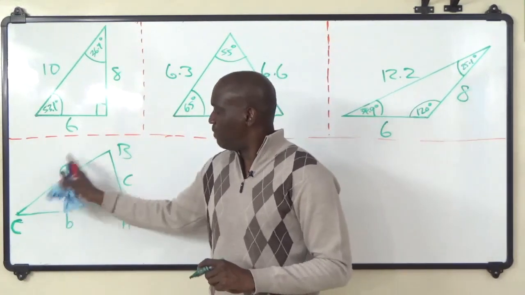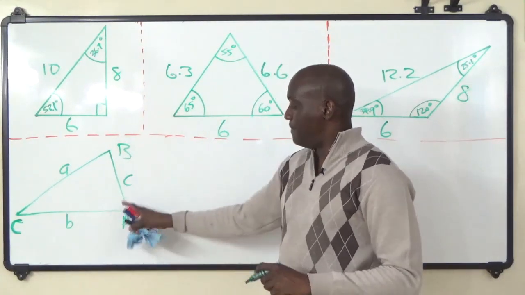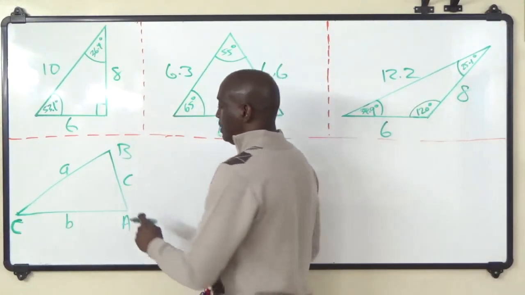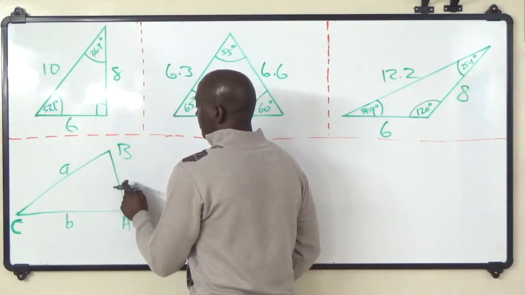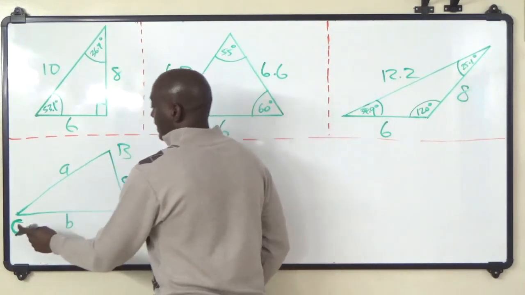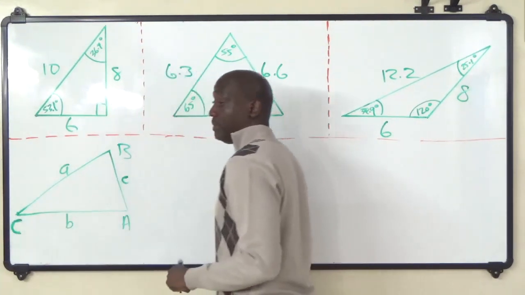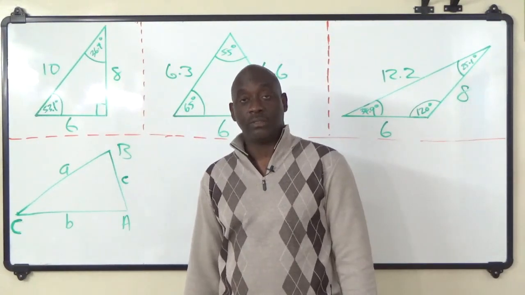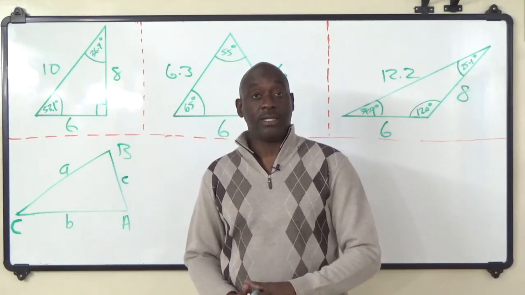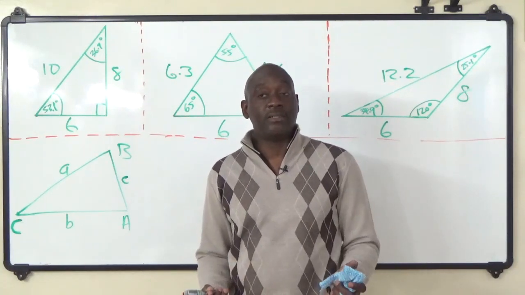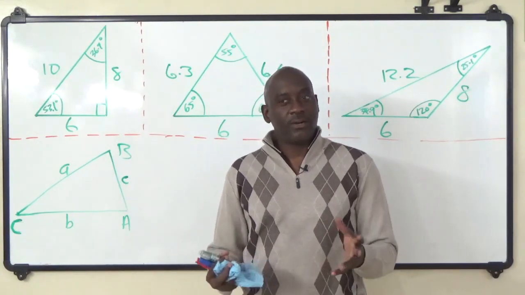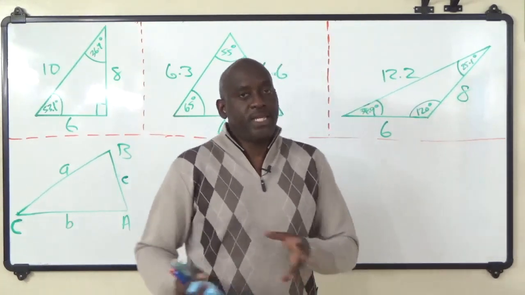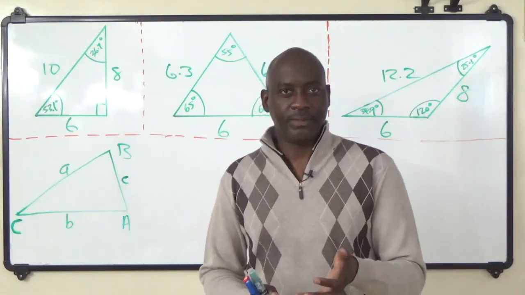Similarly, we have small a, the side, opposite big A, the vertex, the angle. And then, of course, here we have small c, the side, and then you have big C, the angle. That is the convention that we use when we label triangles. And this is important. You must be aware of this, because if you go into a question and you have the side and the angle labeled incorrectly, even if you write down the correct formula, you have problems.